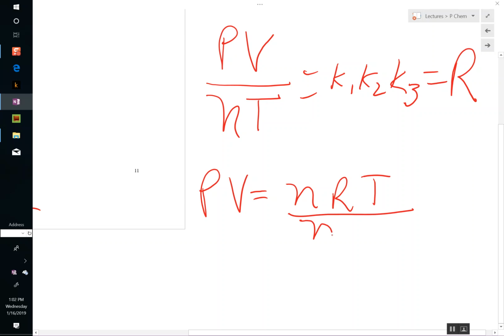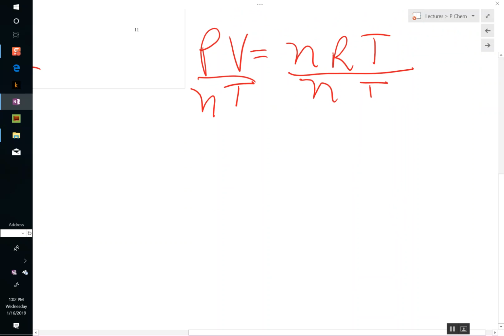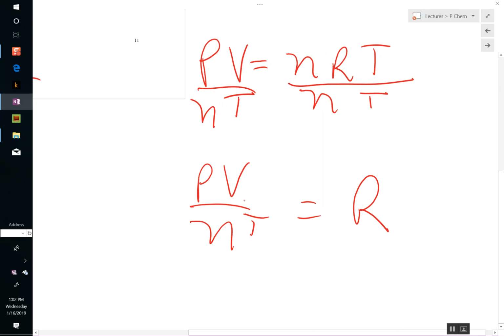But if you divide both sides by NT, you get the representation above, PV over NT equals R, and you have all of the critical laws in here: Boyle's law, Charles' law, Avogadro's law.